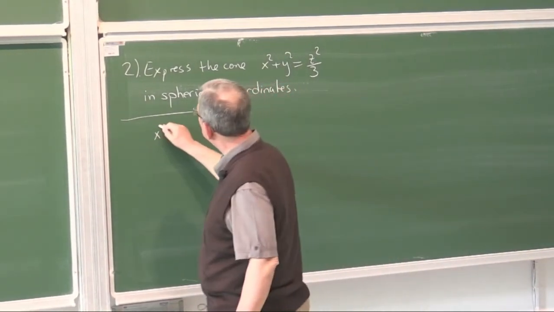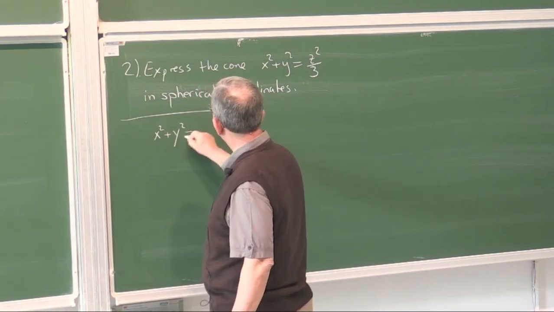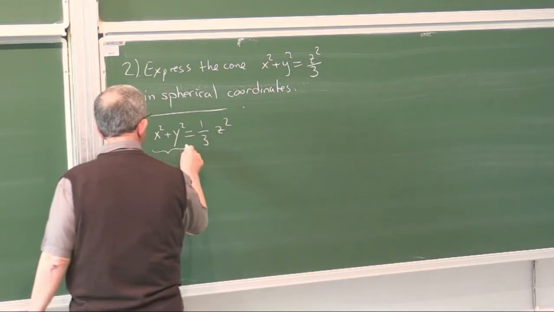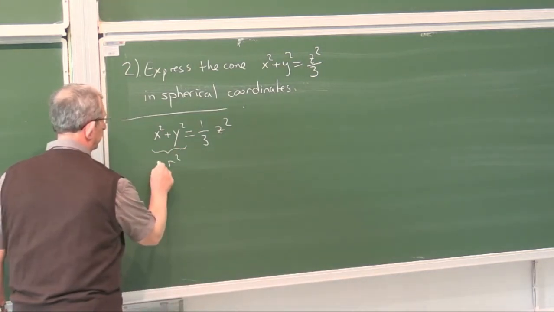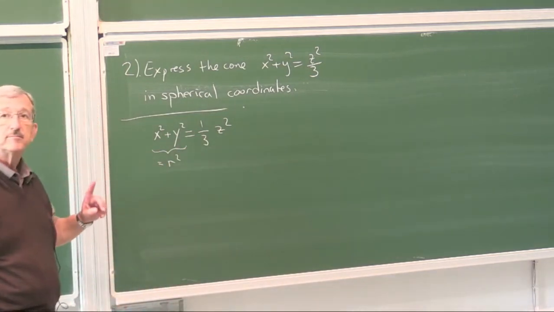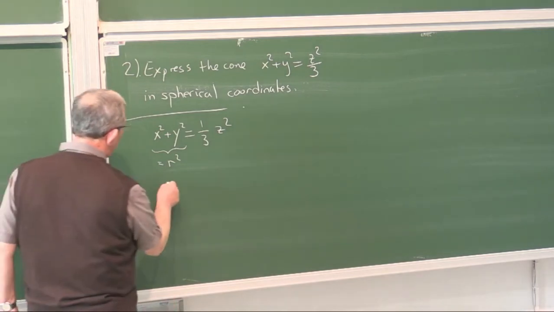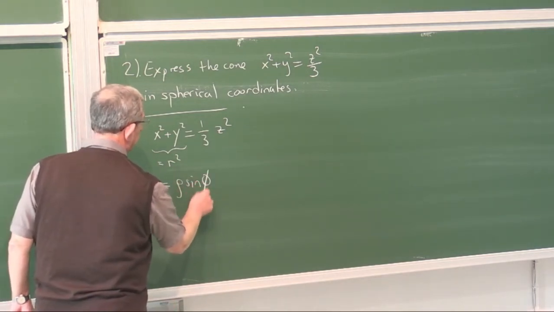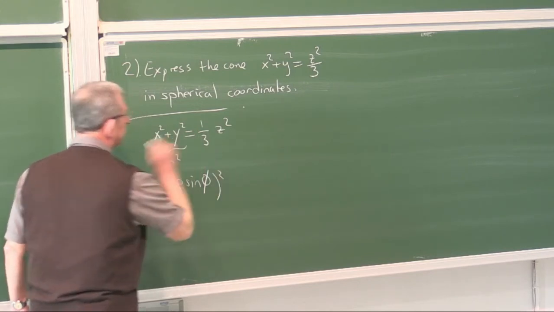So we have x squared plus y squared is 1/3 z squared. Now this is r squared, the polar r, and the polar r was rho sine phi in spherical system.